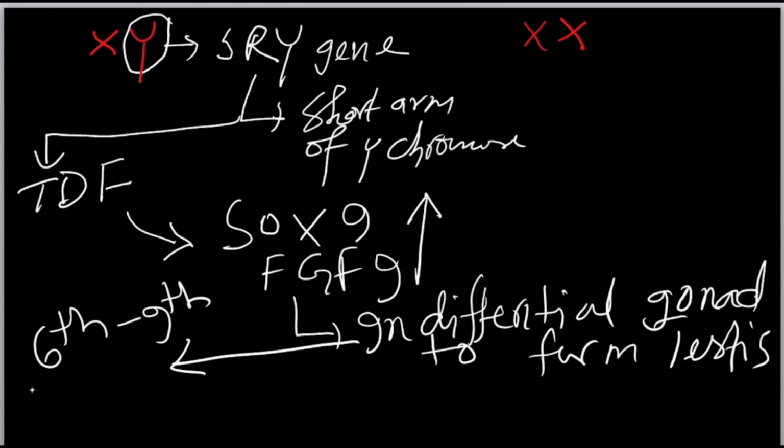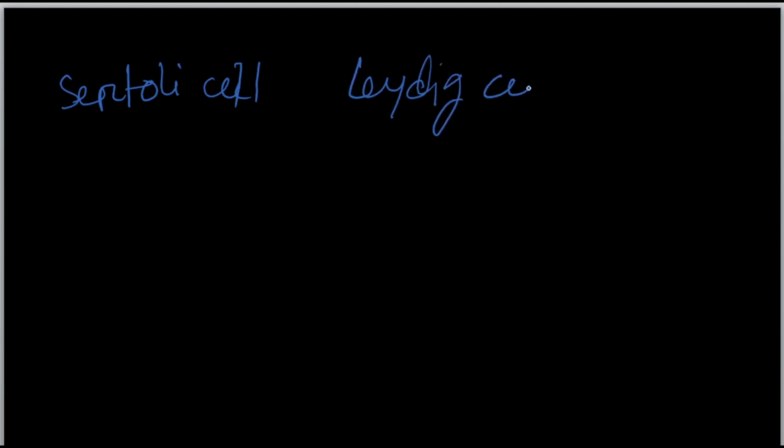Two important cells of the testis develop within this time: one is the Sertoli cell, another is the Leydig cell. The Leydig cell appears in the 8th week and the Sertoli cell appears within the 7th week of gestational age.